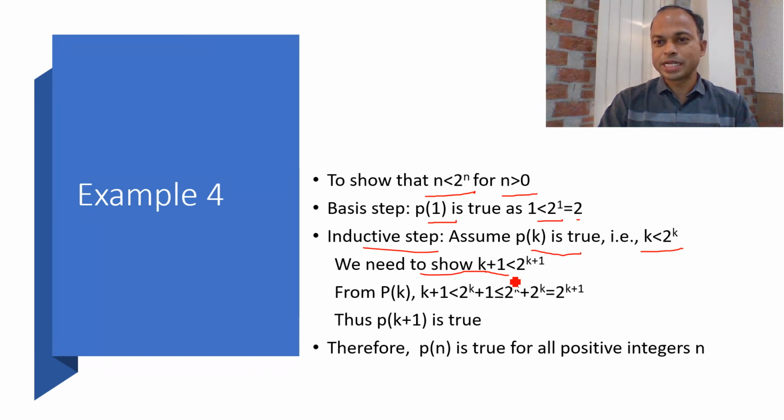Now from P(k), we have k plus 1 less than 2 raised to the power k plus 1, and we may further write less than or equal to 2 raised to the power k plus 2 raised to the power k. If we solve this term, then we get equals to 2 raised to the power k plus 1. So in this way, we are able to prove for k plus 1. We can say that this is true for n.